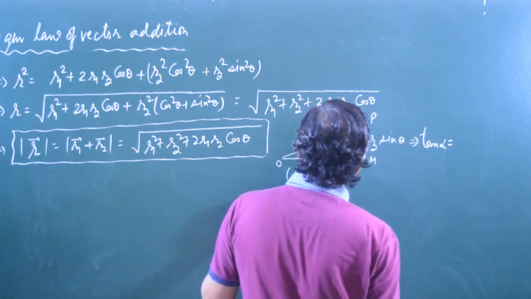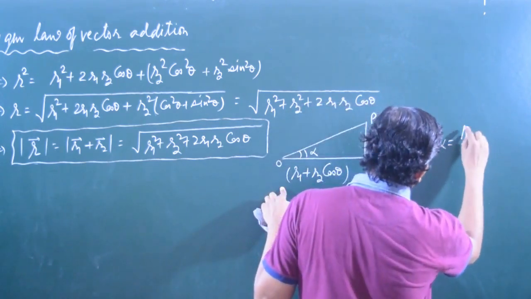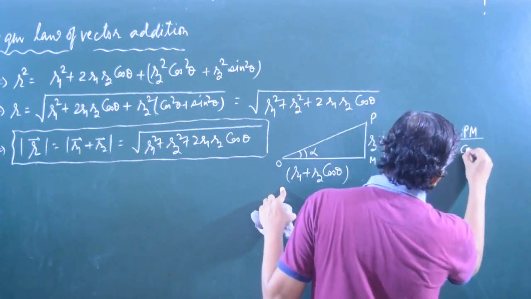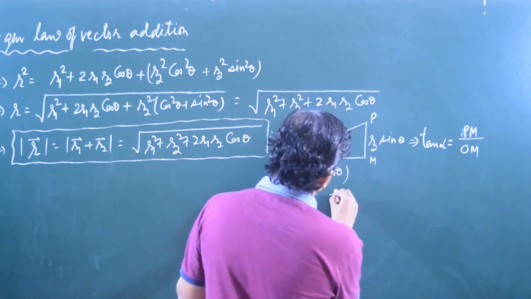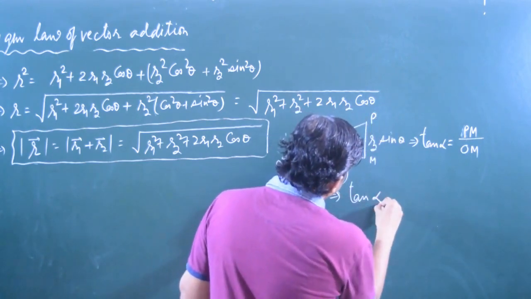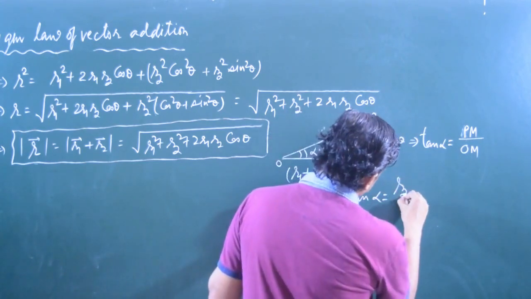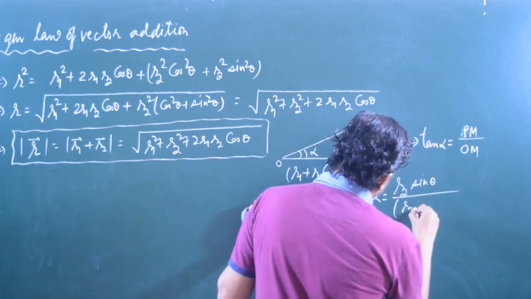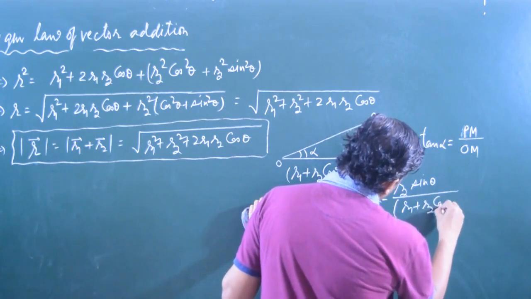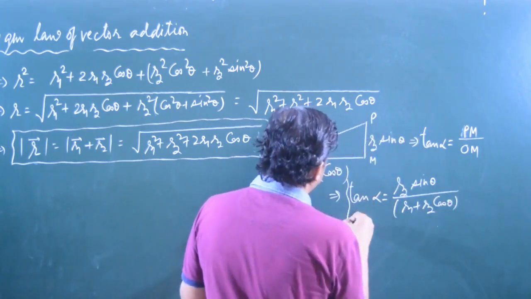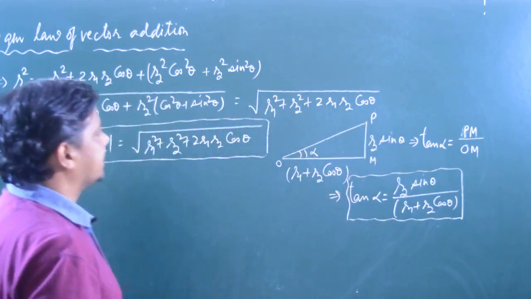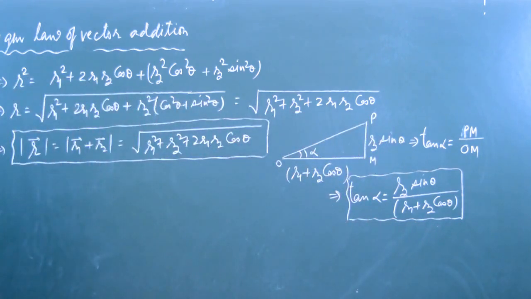Tan alpha is perpendicular by base, that is PM divided by what? OM. Or you get tan alpha is equal to R2 sin theta by R1 plus R2 cos theta. It is the value of the tan alpha. Okay, that is the direction of the resultant with the vector R1.